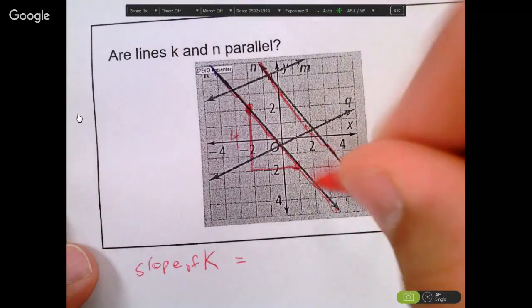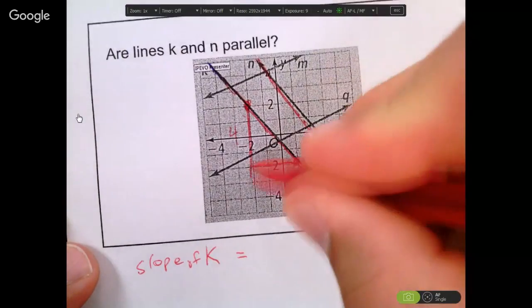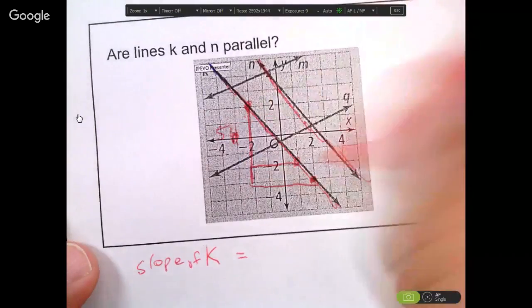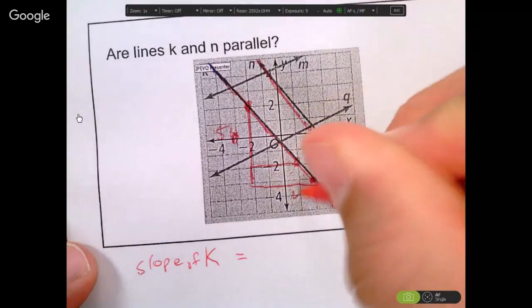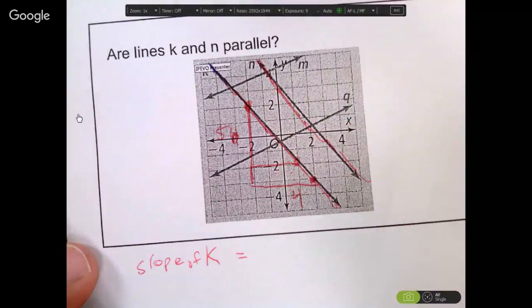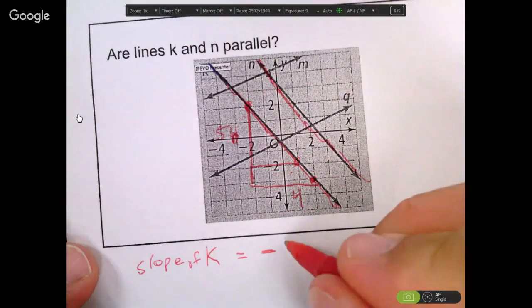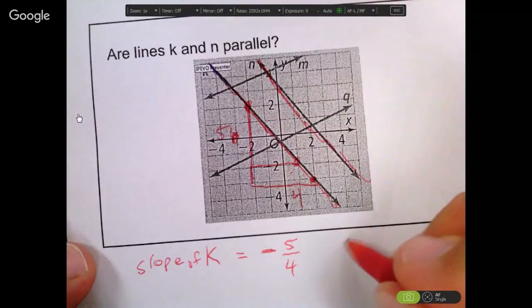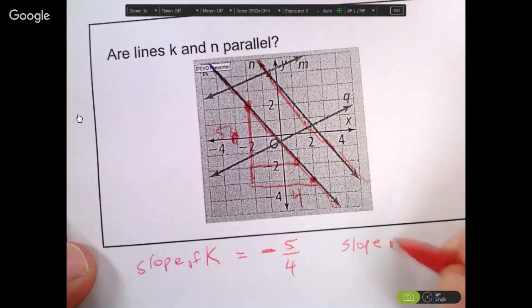The next one, thank you. So here and here. So really I need 5 and 1, 2, 3, 4. So this slope is rise over run, -5/4.